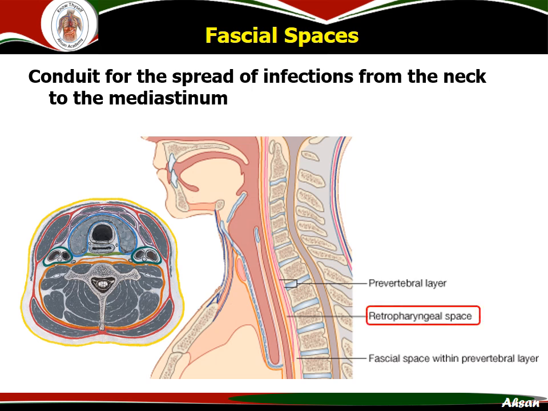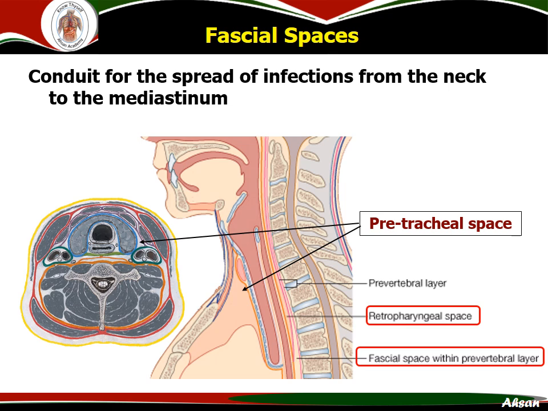You can see the space behind the buccopharyngeal membrane is the retropharyngeal space, and there is another vertical space in between the anterior part of the prevertebral fascia. This space that lies in front of the trachea and also by the side of the thyroid gland is also continuous with the thorax.